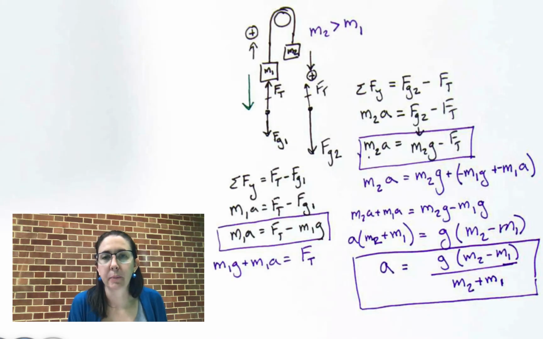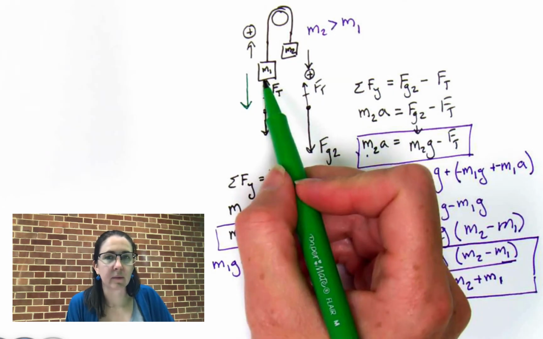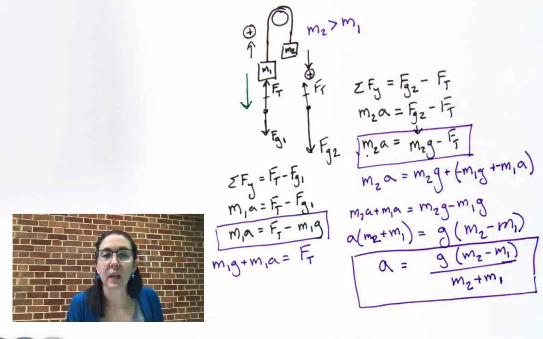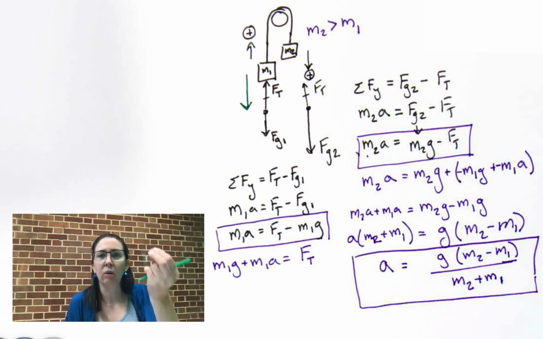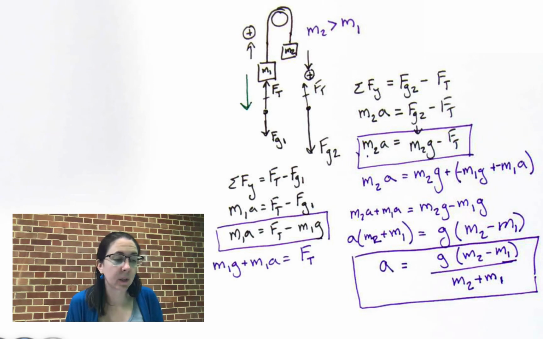This left side will travel downwards instead, which makes sense, obviously, because the heavier block will fall and the lighter one will rise. Okay, so this is finding the acceleration using a system of equations.